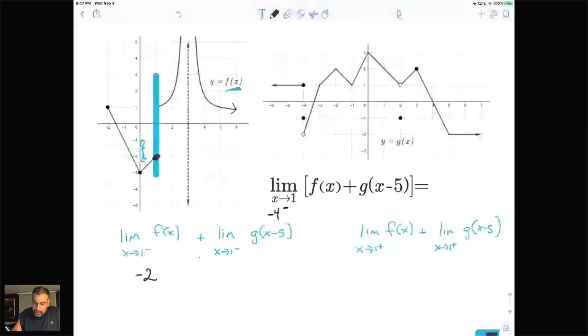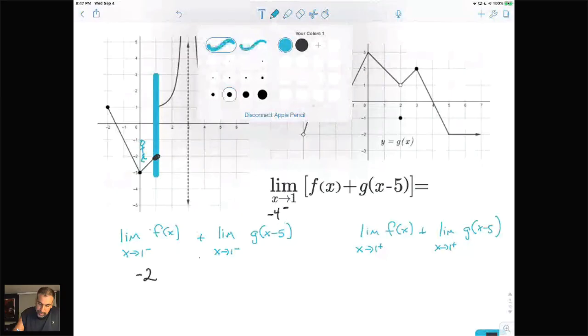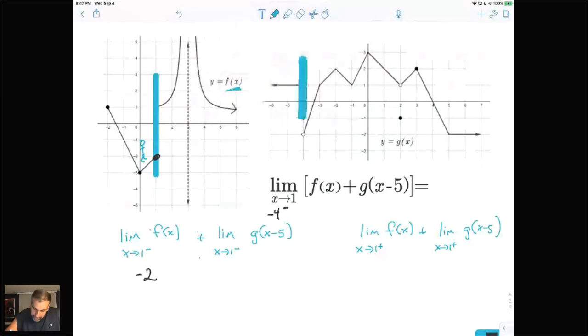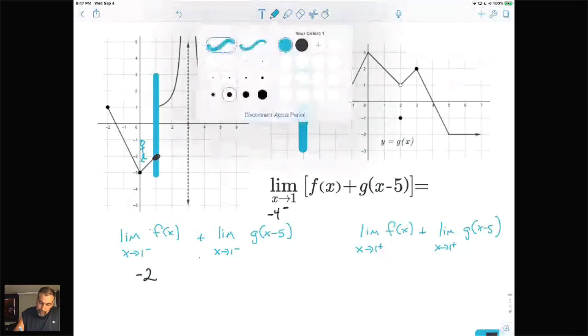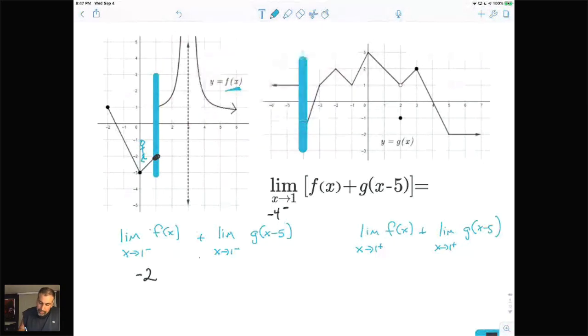So when I go to g of x, I am relocated here at the -4 value. When x approaches 1 from the left, my inside is approaching -4 from the left.